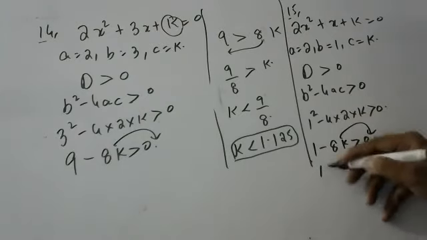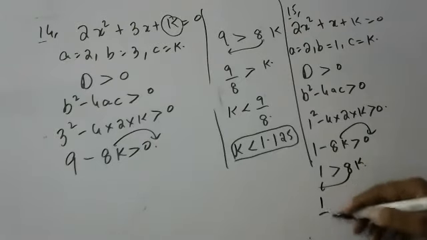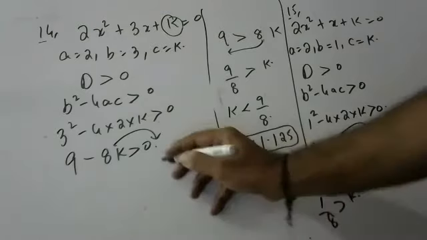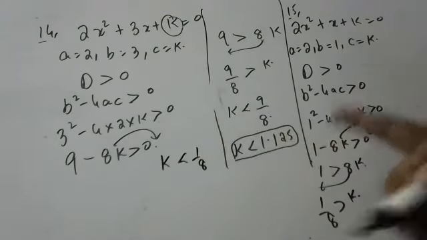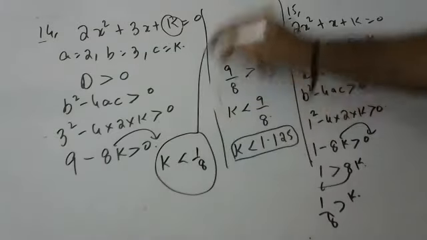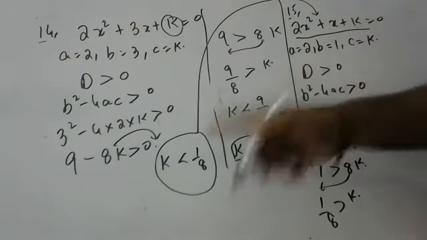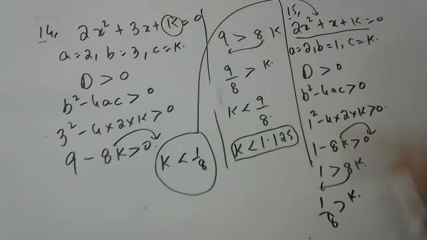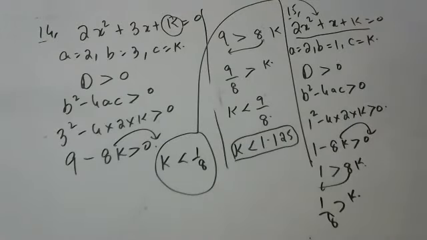This comes here: 1 should be greater than 8k. So 1 by 8 should be greater than k, children. So k should be less than 1 by 8. If k is less than 1 by 8 only, then a unique solution is possible for this equation. Anything less than 1 by 8, if you put, then a unique solution is possible for this equation.